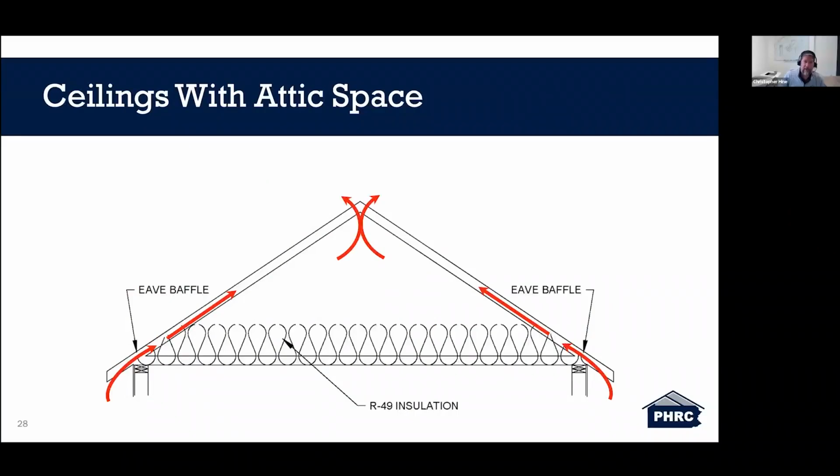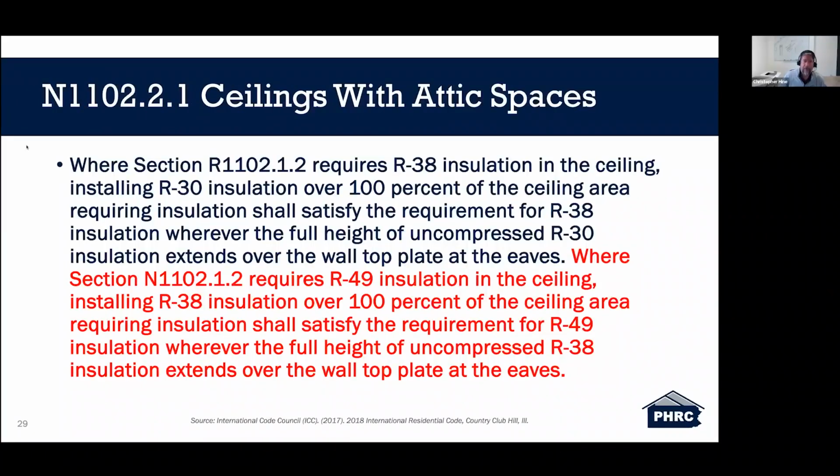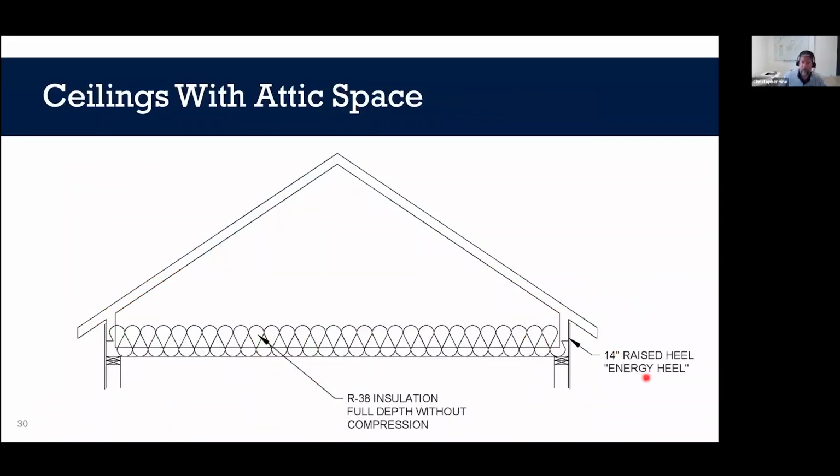Again, this is potentially our standard attic ventilation, where we're compressing our insulation out here over the eaves. What this is allowing is, if we do a 14-inch raised heel truss, an energy heel that allows for full depth R38, now we can take that reduction.